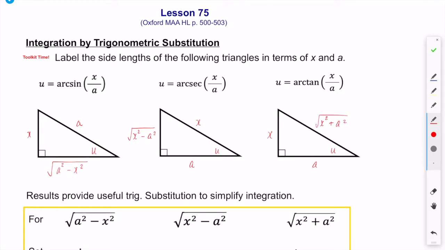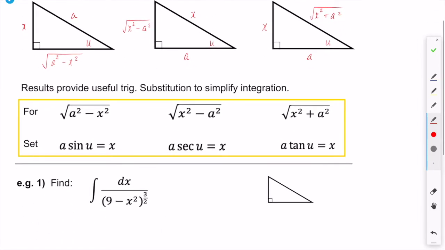Okay? So what does this mean to us? Well, it means that when I see the square root of a squared minus x squared in the denominator of an integrand, I can set a sine u equal to x. If I see the square root of x squared minus a squared in the denominator of the integrand, I can let x be a secant u.